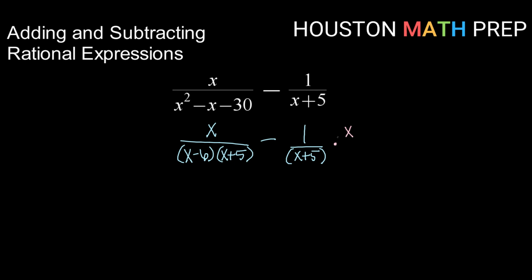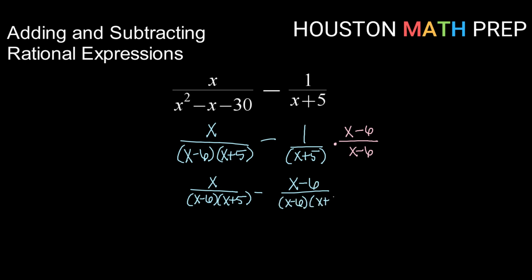So I'm going to multiply my second fraction by x minus 6 over x minus 6 to get my common denominator. So my first fraction, my left hand, is staying the same. And my second one, distributing my 1, that's going to be just x minus 6 over x minus 6 times x plus 5.